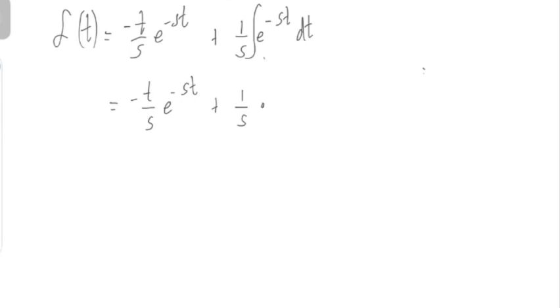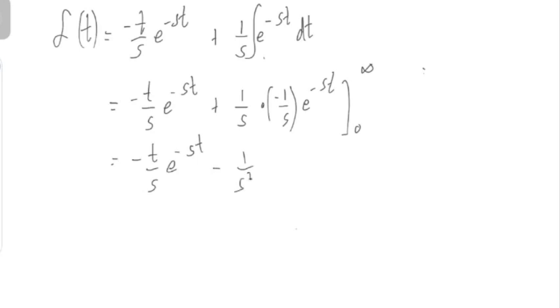So, ito yung multiply pa natin ng negative 1 all over s. Then, e to the negative st, limit from 0 to infinity. Let's do it directly. O, hindi, simplify ko muna, bago natin i-apply yung limit. Upper limit minus the lower limit.